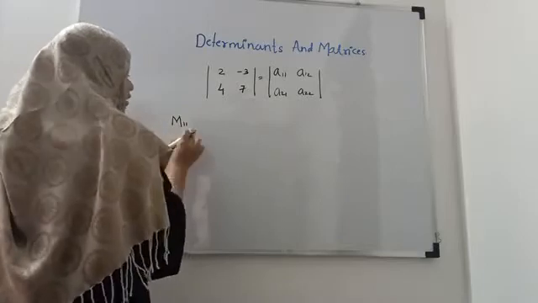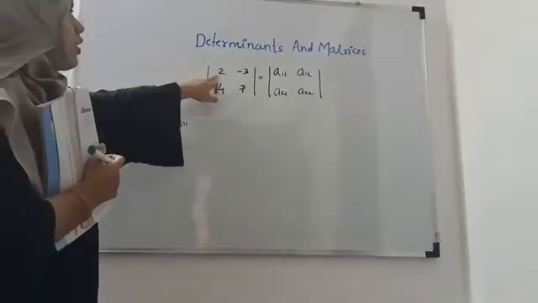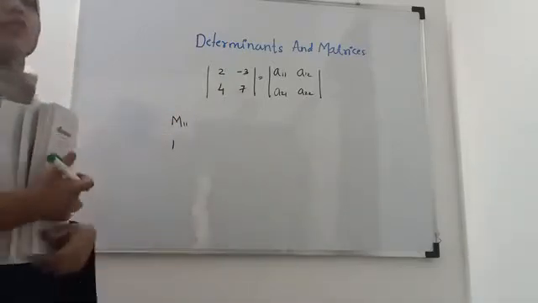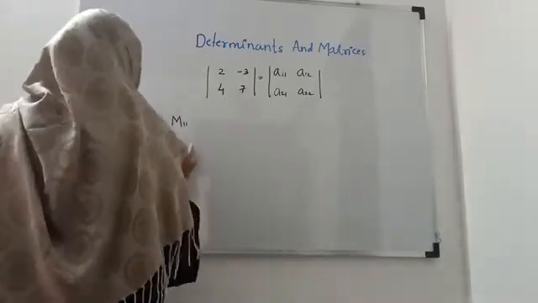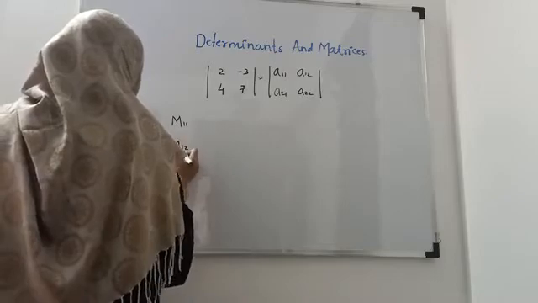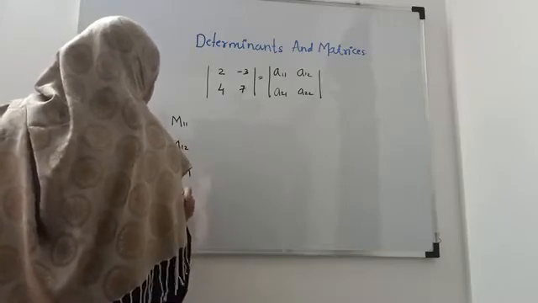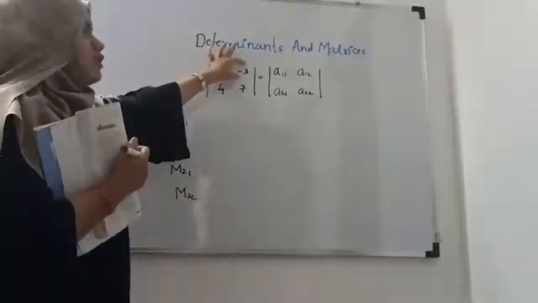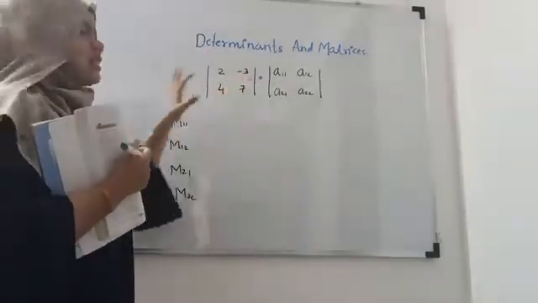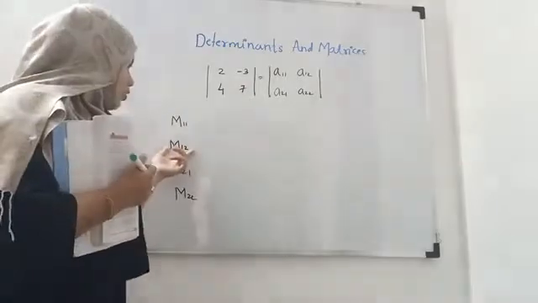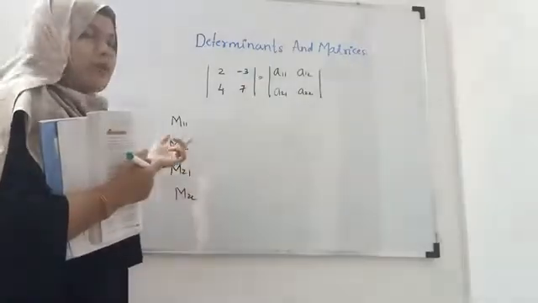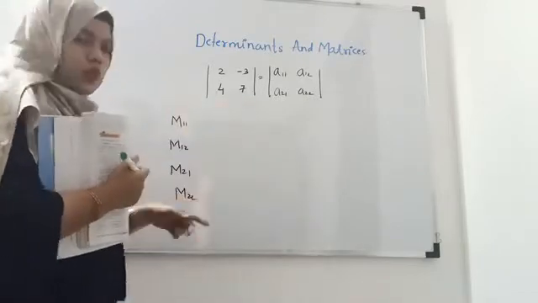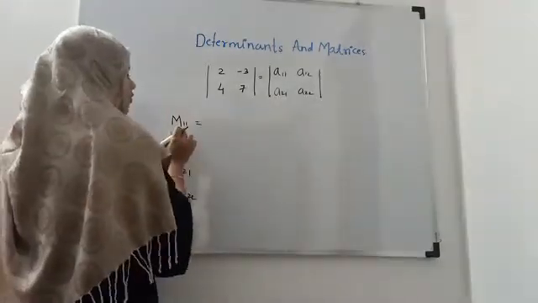M11 means minor of A11, that is 2. Instead of writing minor of 2, minor of 3, minor of 4 and 7, I am writing M11, M12, M21 and M22. I am not writing M13 because only a 2 by 2 determinant is there.